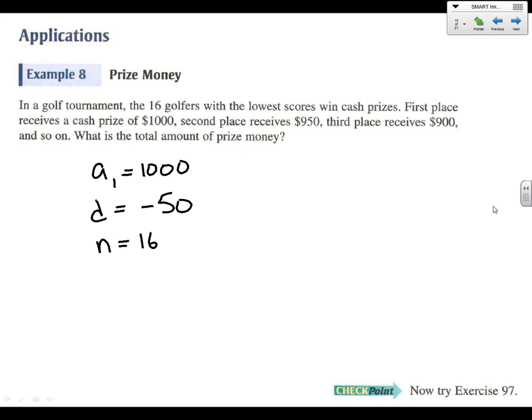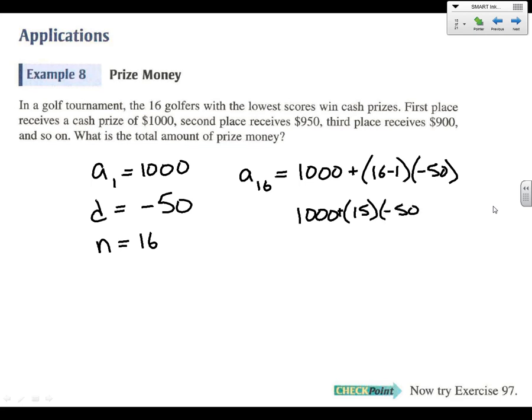Now we're ready to go here and plug it in. First we need the last person who wins money, which is the first person, 1,000 plus n minus 1 times the difference, -50. So 1,000 plus 15 times -50. And that's going to be 750, so we get 250 here. So the 16th person gets $250. And so let's put this together in our sum formula.